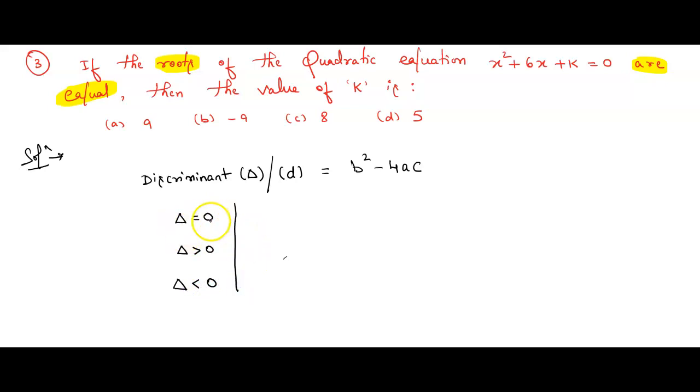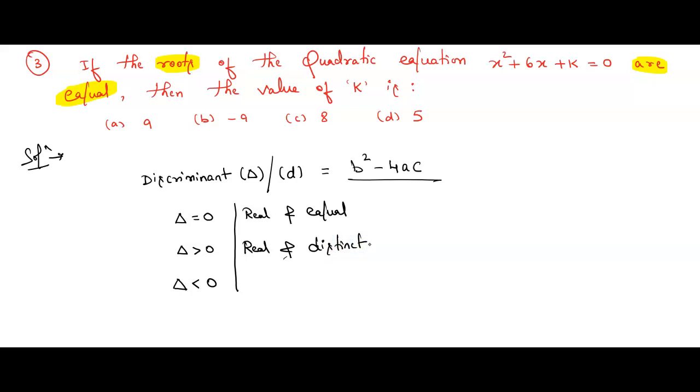If delta is equal to 0, if the discriminant is 0, then what is the nature? The nature of the roots is real and equal. If delta value, meaning b square minus 4ac, is greater than 0, any number greater than 0 like 1, 2, 3, 4, 5, then the roots are real and distinct.